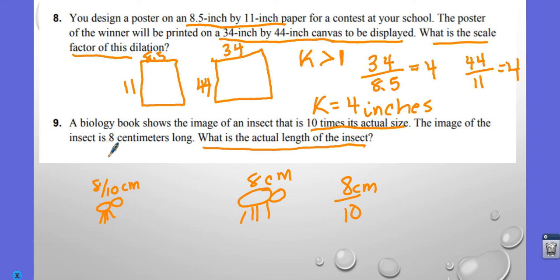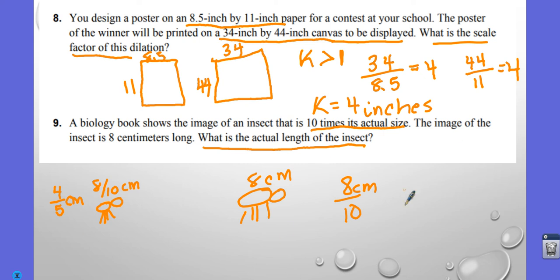The only way for me to get 8 centimeters back is if I multiply this fraction by 10. So 8 over 10 was the actual size. If you want to reduce the fraction, divide both by 2. It becomes 4 over 5, sorry. So it was 4/5 of a centimeter.